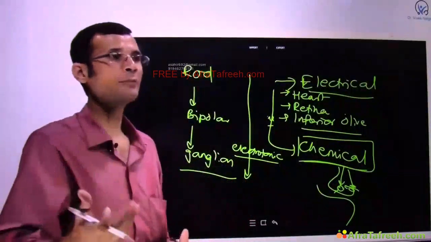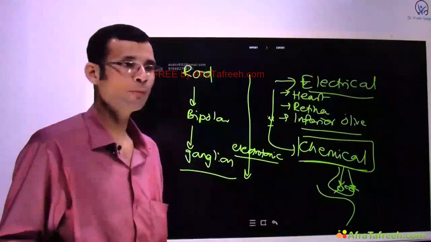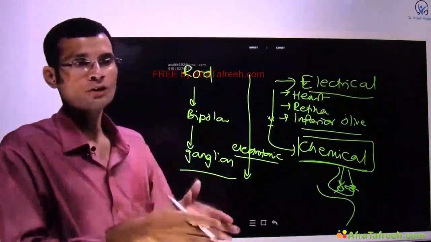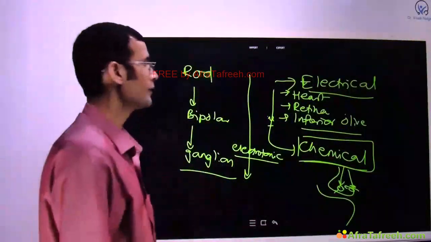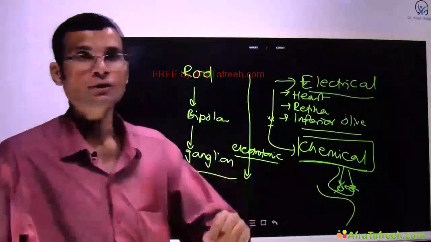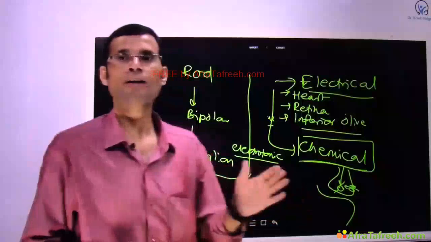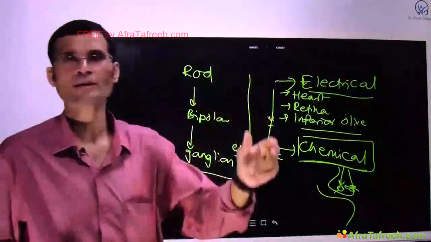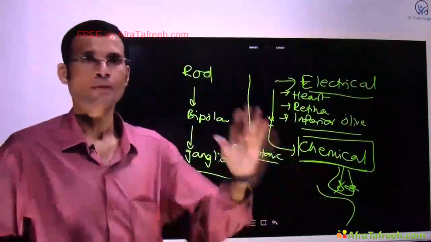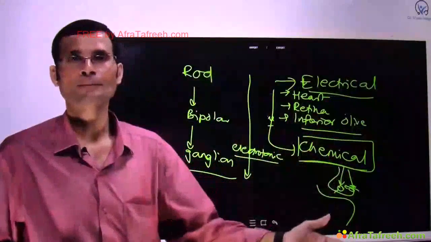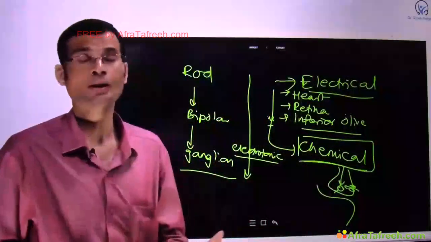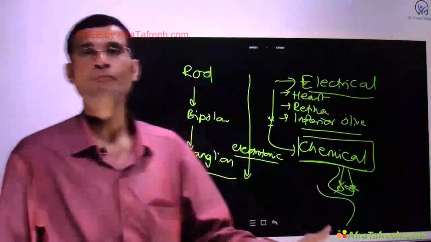cerebellum. So the cerebellum is being informed about the joint position, or the position of various parts of the body, and all that. And it is faster. So note this point. We have done this in the nerve fiber types. A alpha type of nerve fiber is the fastest nerve fiber, and it's used for what? Alpha motor neuron and proprioception. So that fastest neuron is being used for voluntary movements.